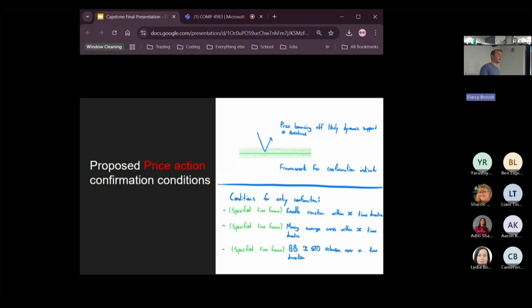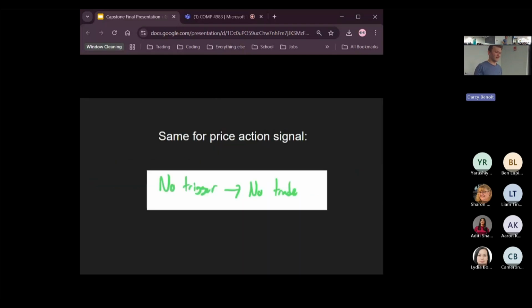Or if there was a moving average crossover, which is another indicator, or a Bollinger Band. If price exceeds one standard deviation above a Bollinger Band moving average, then it would be another signal. I know this is a lot to get into.